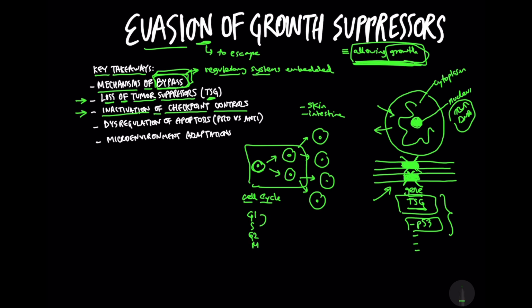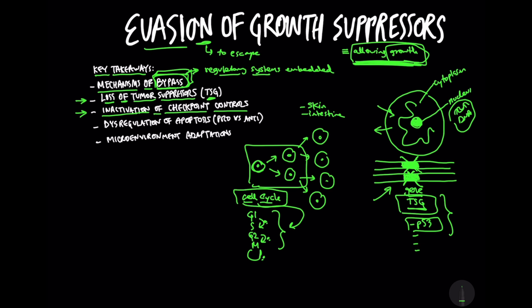To go from each phase to the next, which as a whole represent our cell cycle, there are checkpoints in each of these steps. Actually, there are two: there's one here, one here, and one within the M phase. So there can be more than one, and these regulate the cell cycle.